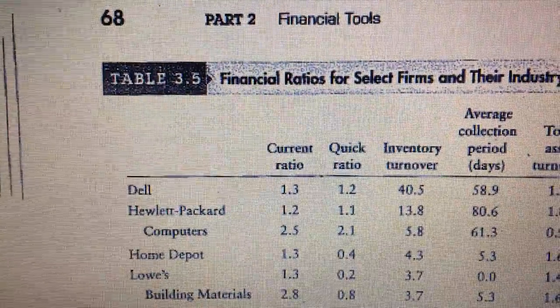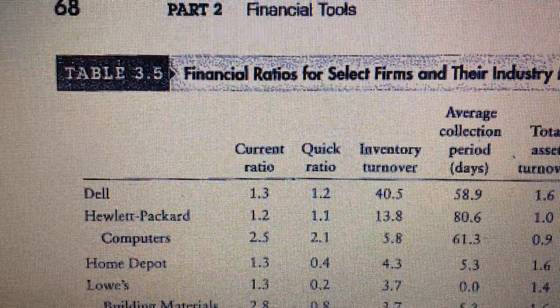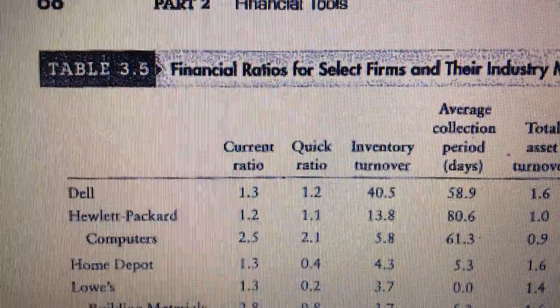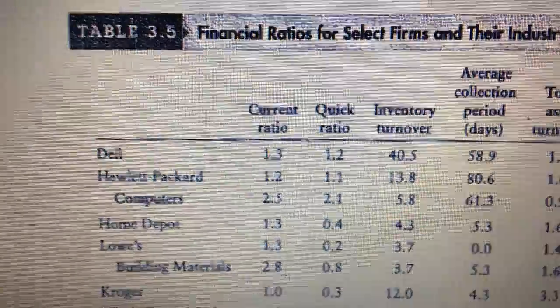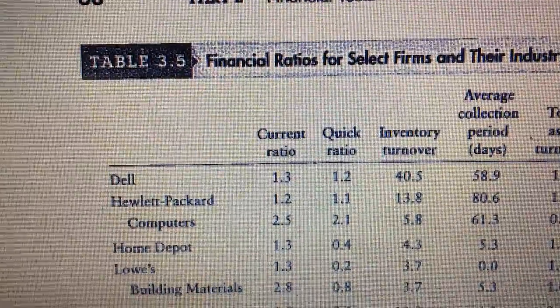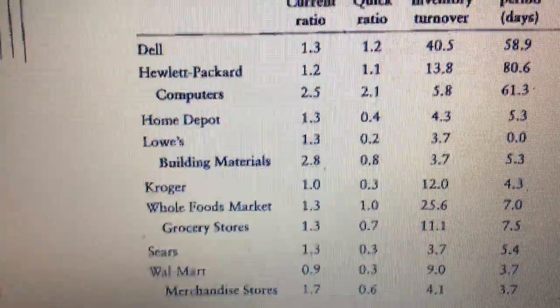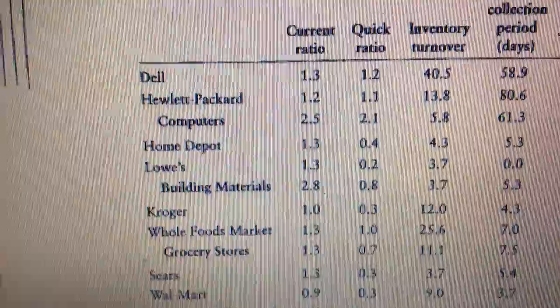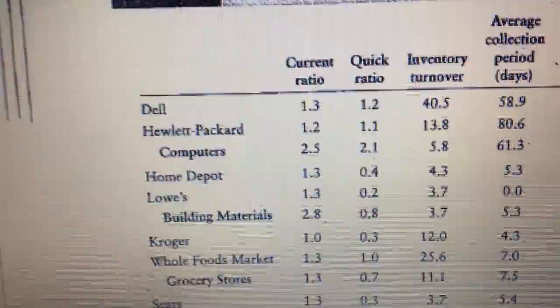Computer industry overall is 2.5. That means they have $2.50 in current assets for every $1 of current liabilities. And so that's a little bit above average. The current ratios on all of these seem to be low, going on down there. Okay, they should be around 2 to 1. Okay, so they are a little bit low there.